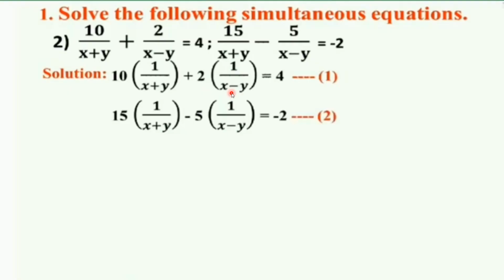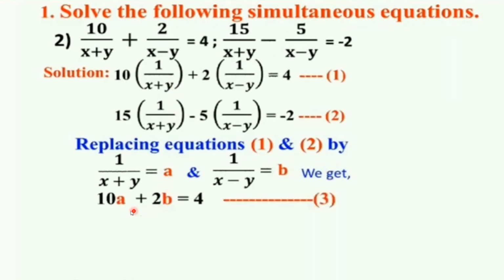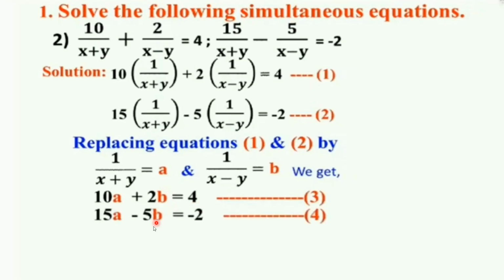Even you can keep as p, q, or you can use a, b, or any variable. Here I am taking a, b. 1 over x plus y is equal to a and 1 over x minus y is equal to b. I am going to substitute these new variables in equations 1 and 2. Then I am going to get a new equation, that is 10a plus 2b is equal to 4, and another equation I am going to get as 15a minus 5b is equal to minus 2.